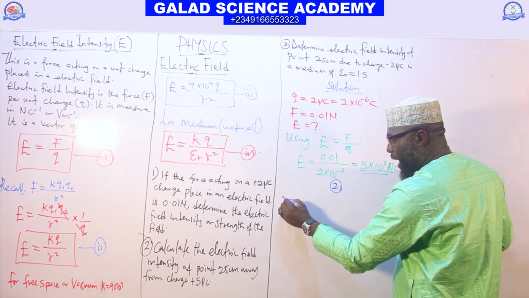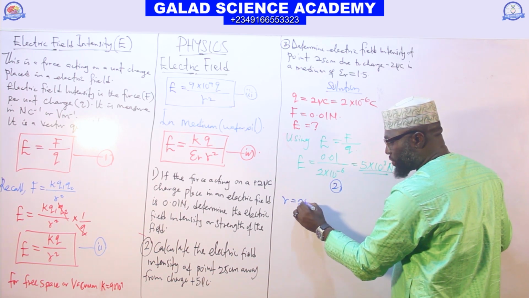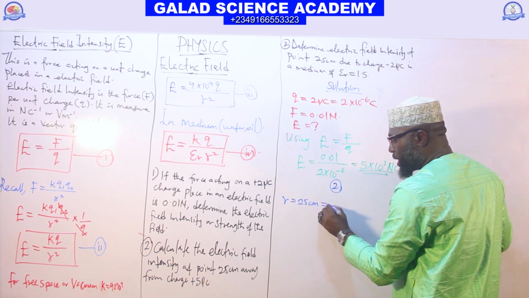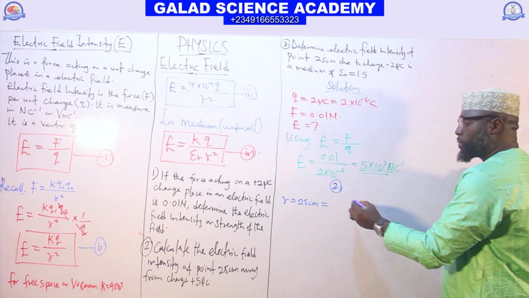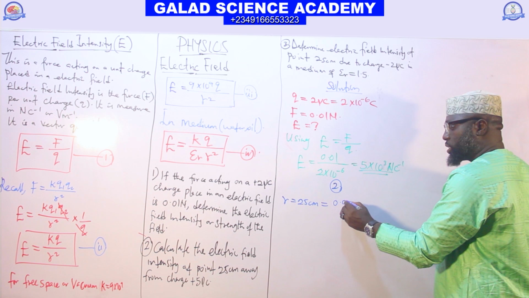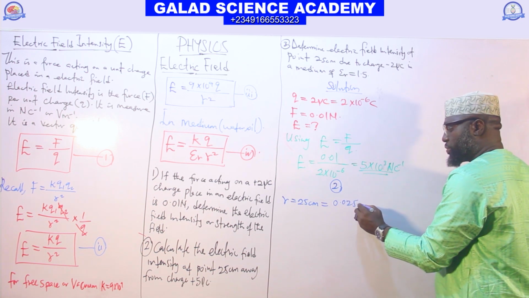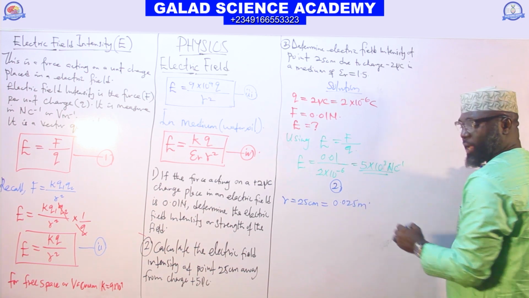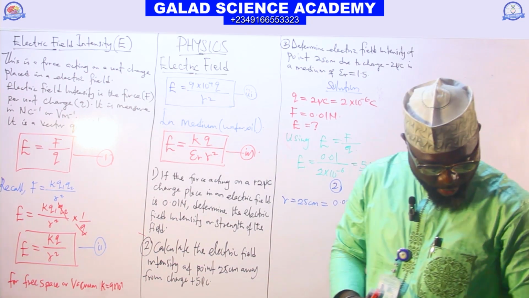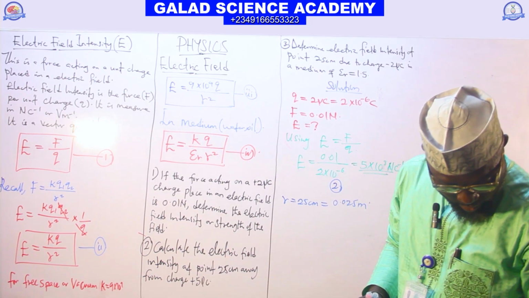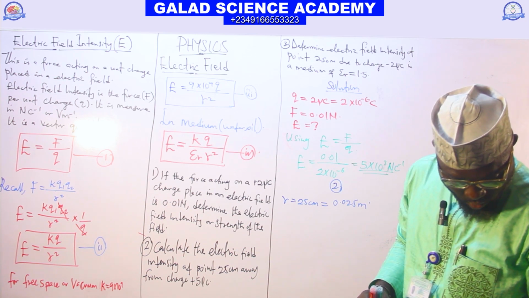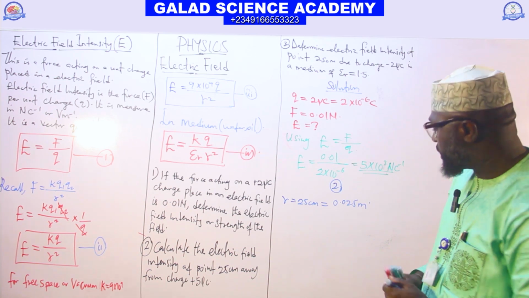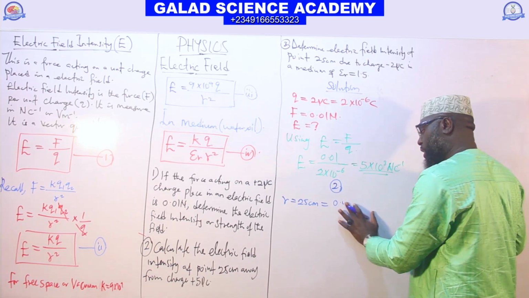R is equal to 25 centimeter away. 25 divided by 100 gives us 0.25 meter.